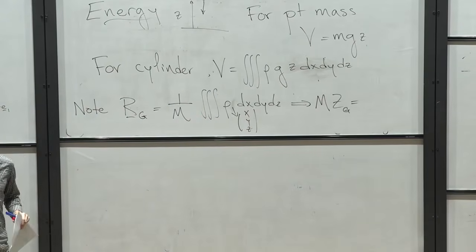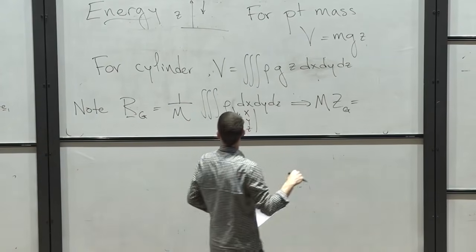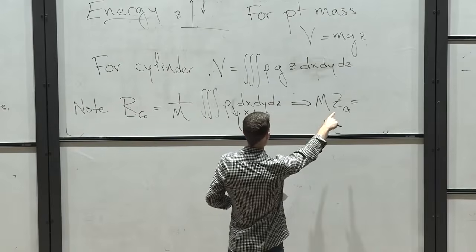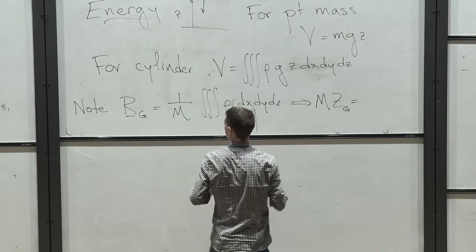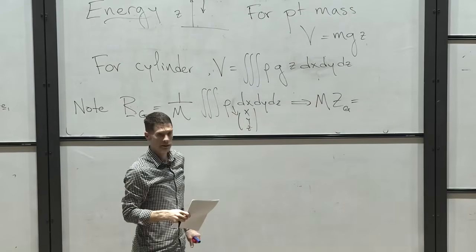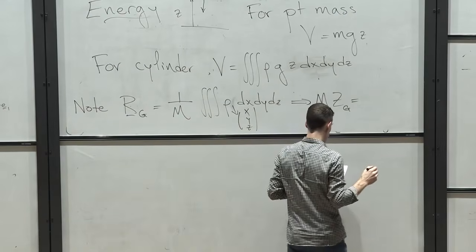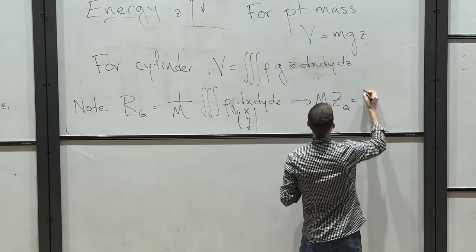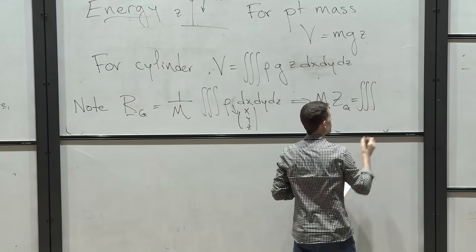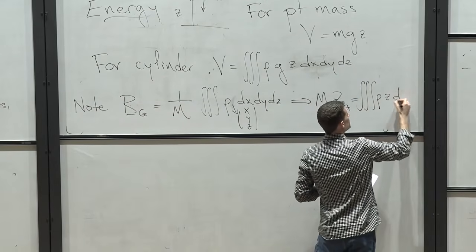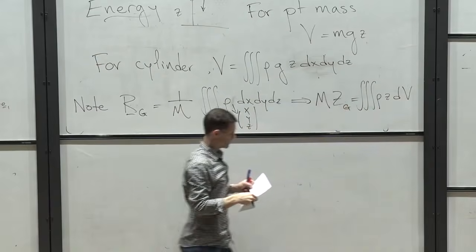So it's the coordinate of each position in the body divided by the total mass. So if I take the z component of the center of mass, call it capital Z sub g, it's exactly this times g, the integral of rho z dV.